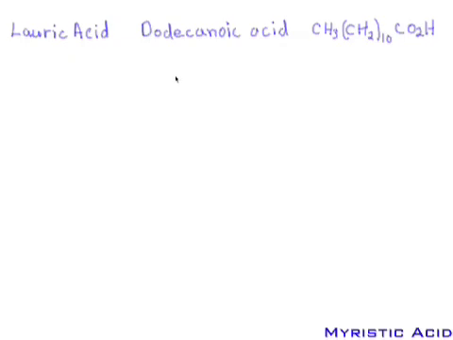Our next acid is myristic, and you're responsible for the names and the structures of these lipids. Notice that we go up by even numbers. This is called tetradecanoic.